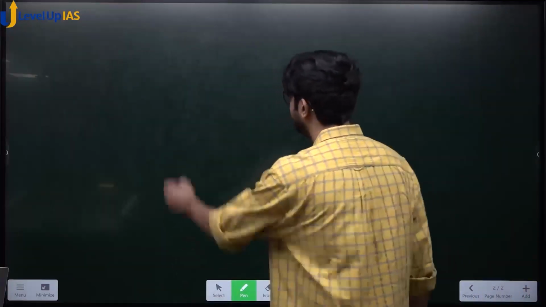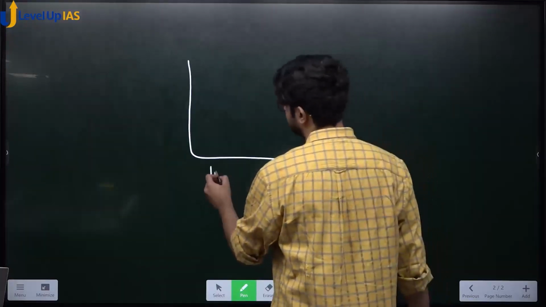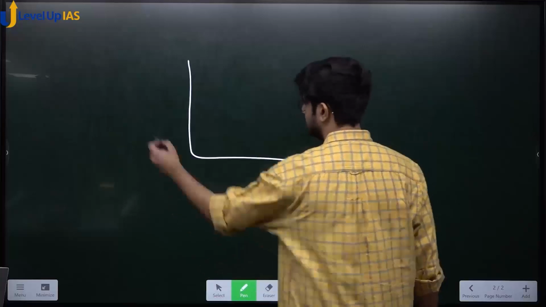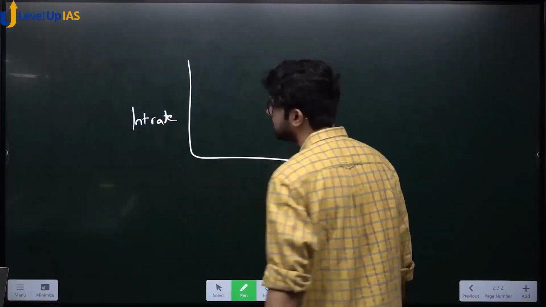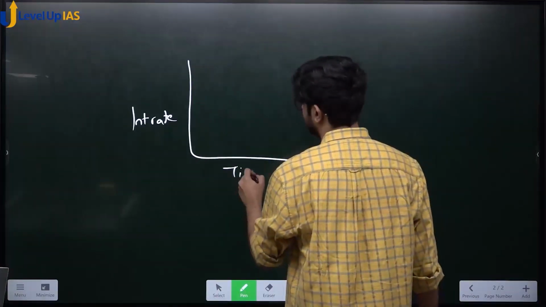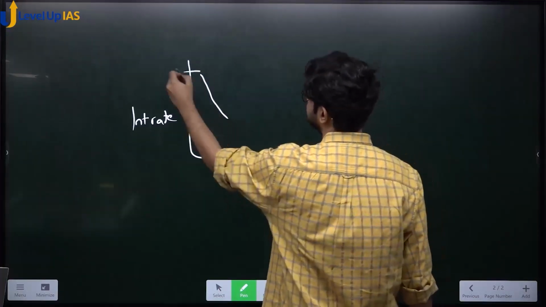So now, this is a graph. This is interest rate, and interest rate is falling, and this is time. So you have reduced interest rate over a period of time. Let's say this is 6%.